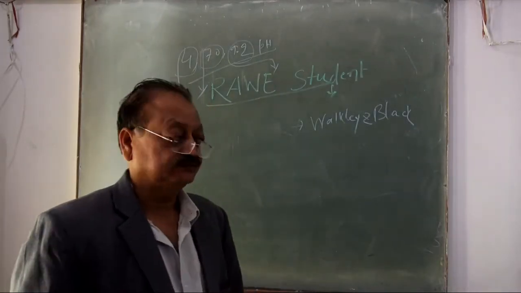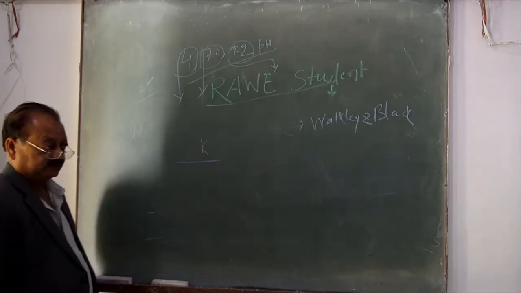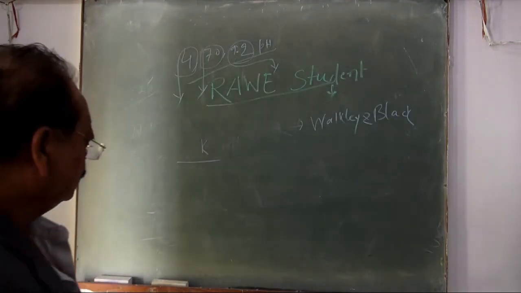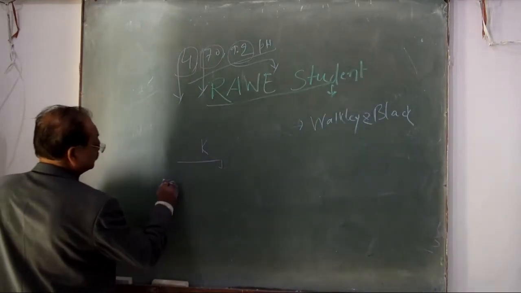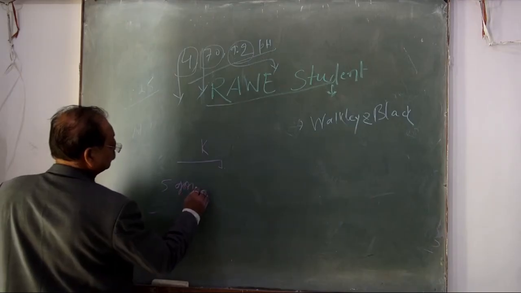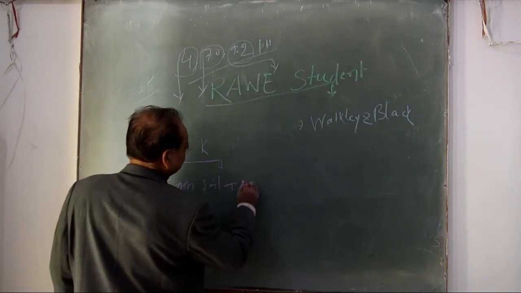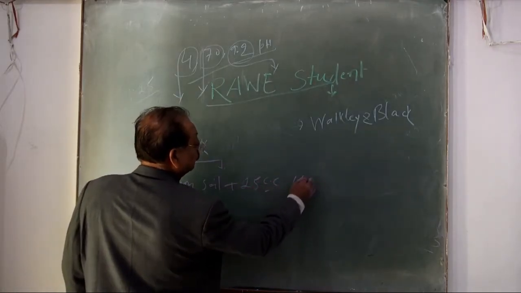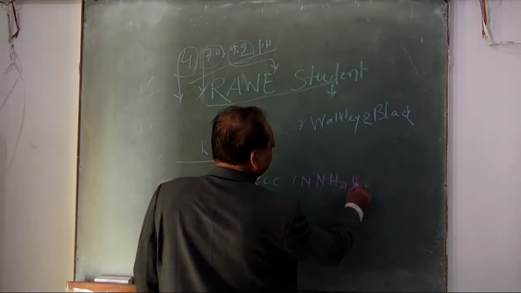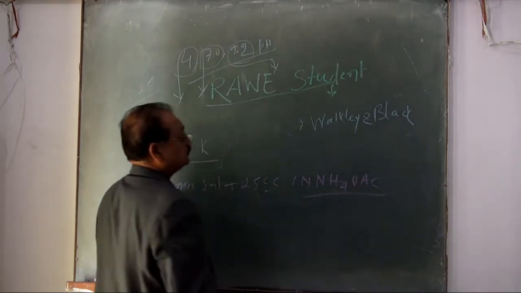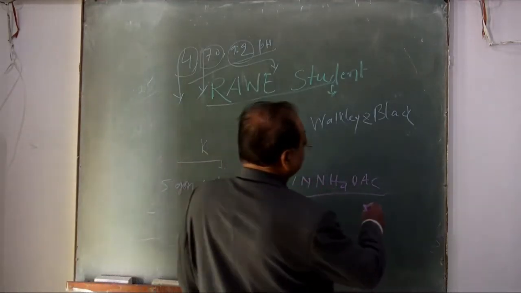Now, determination of potassium, determination of K in a soil sample. What do you have to take? Take 5 gram soil in a conical flask, add 25 cc 1 normal ammonium acetate, neutral.